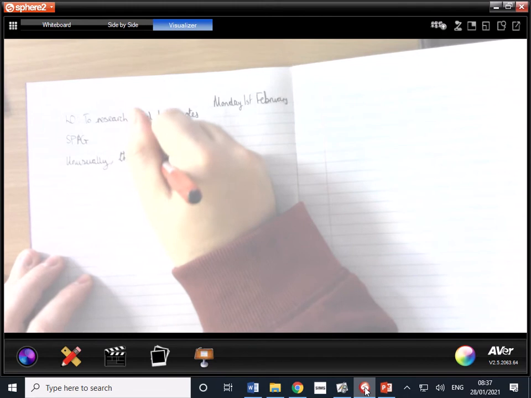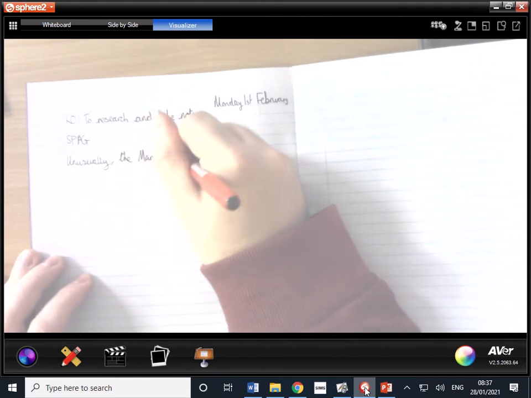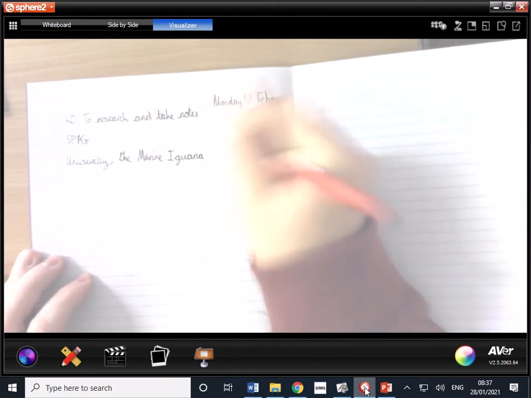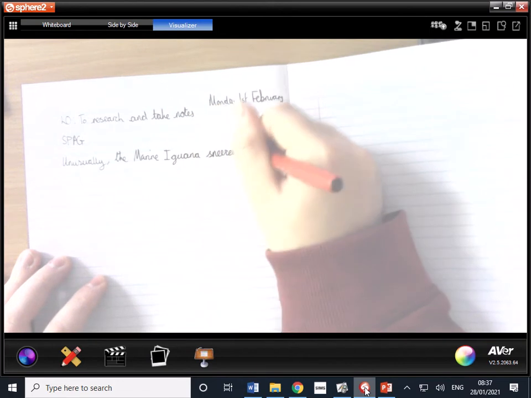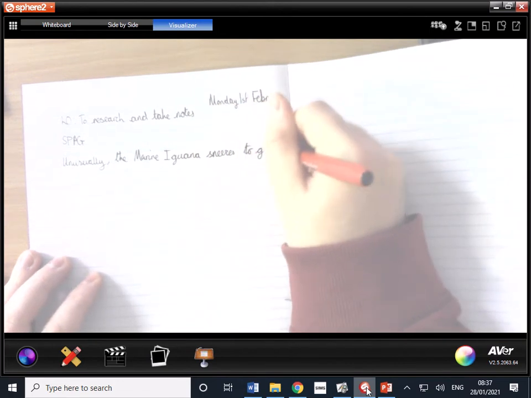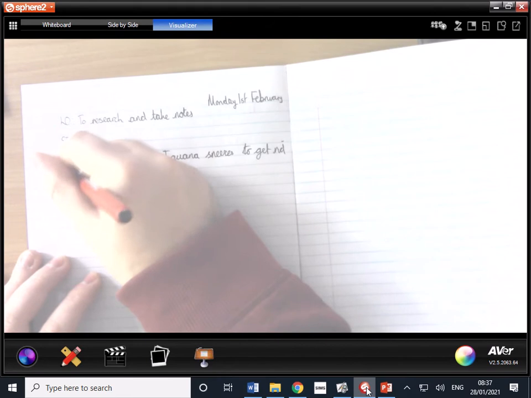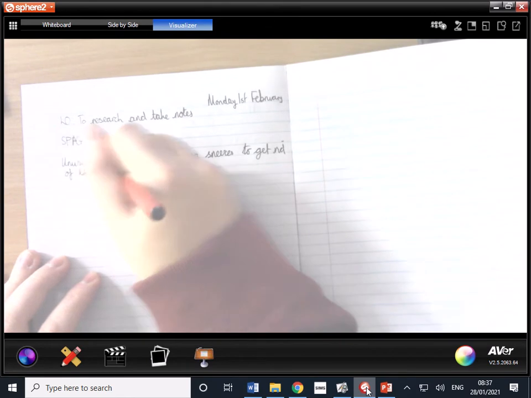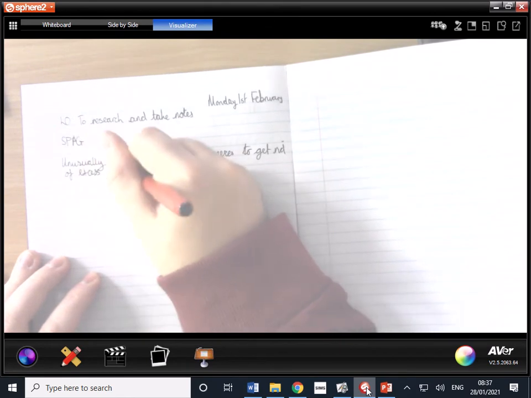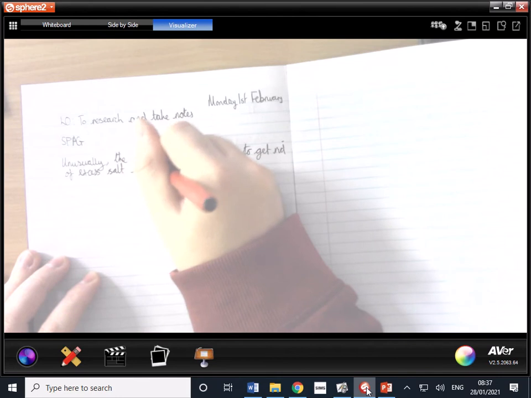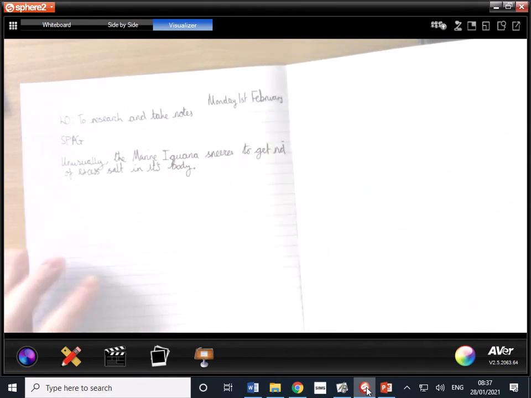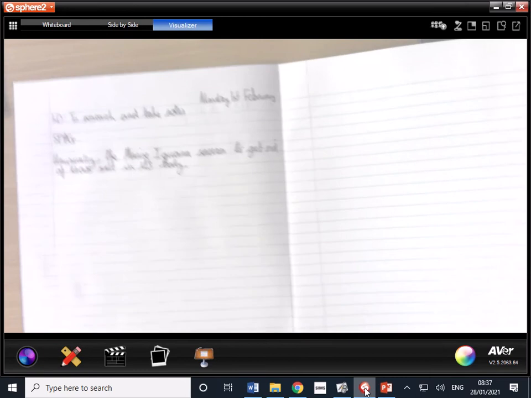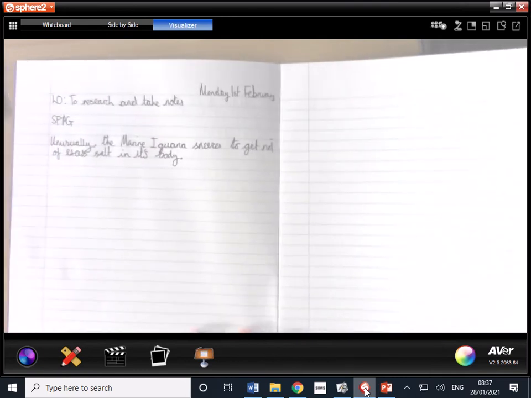The marine iguana sneezes to get rid of excess salt in its body. Full stop at the end. Make sure I've got my capital letter at the beginning.